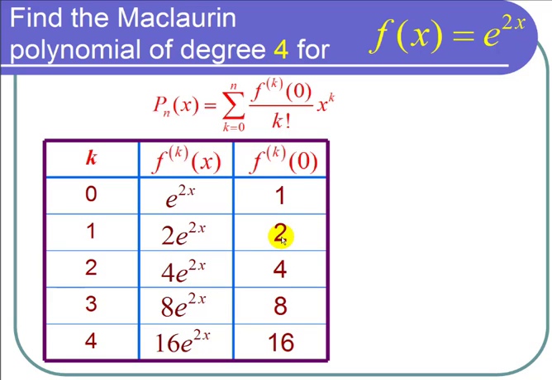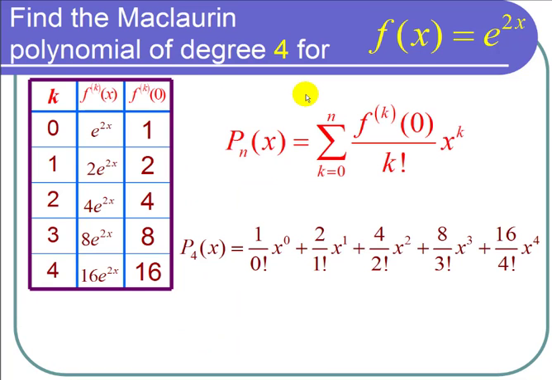Okay, now I'm ready to plug in all these numbers into my formula. So what that says is that these numbers, the kth derivative at 0, should go in the numerator. So what I get for the very first term is plugging in 0 means that I take 1 in the numerator divided by 0 factorial x to the 0.